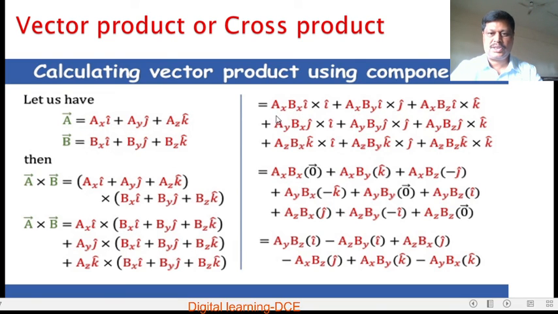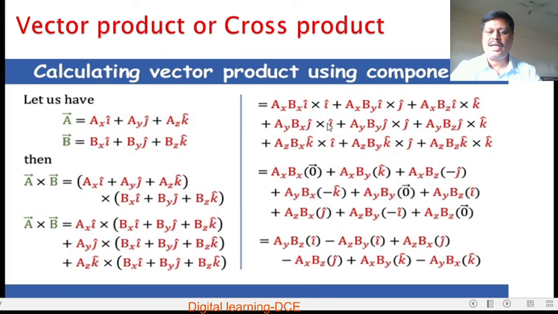We all know that i cross i is 0, and i cross j is equal to k. So we get ax bx into 0, plus ax by into k cap because i cross j is equal to k cap, plus ax bz into minus j because i cross k is equal to minus j.